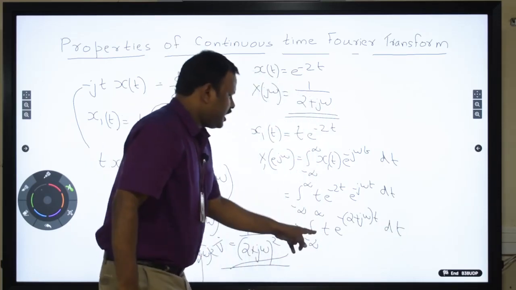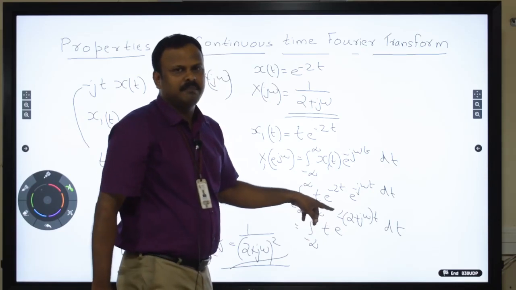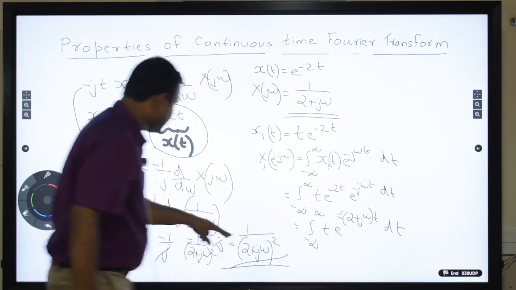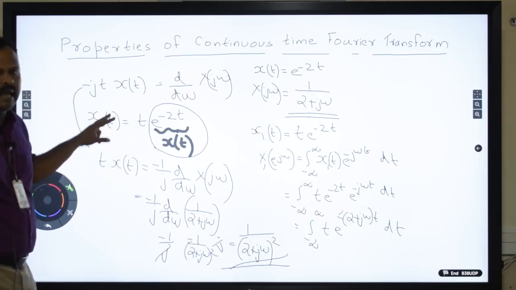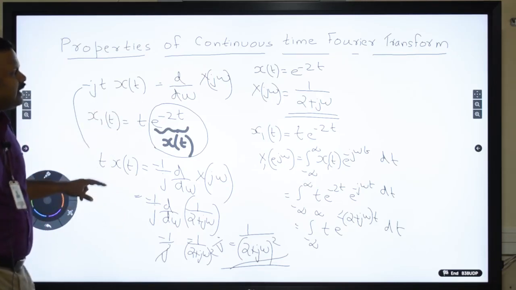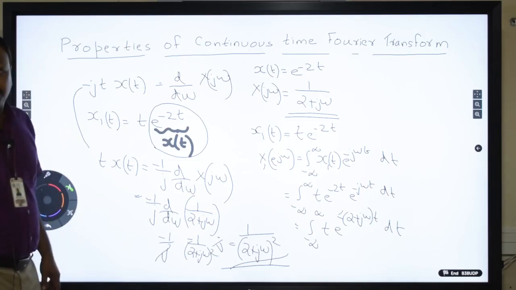Now, we have two variables in t, so we have to apply integration by parts, which will require some amount of time. Instead, if you solve this using the property, you can get the answer easily. So, that is the advantage of using the properties for solving the Fourier transform.